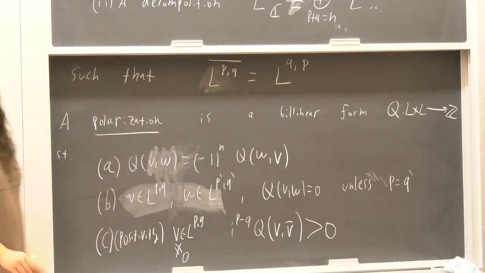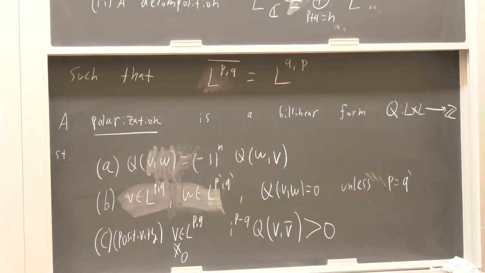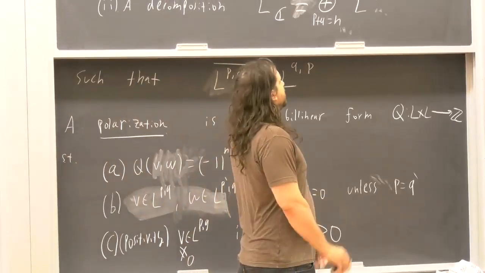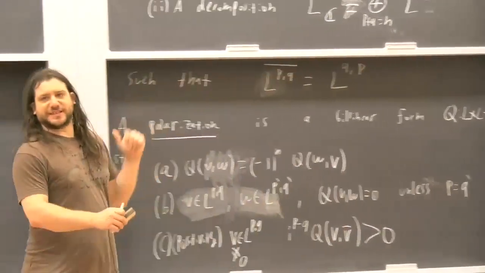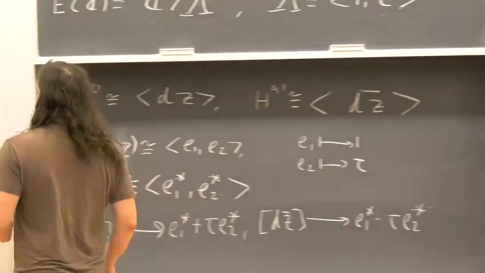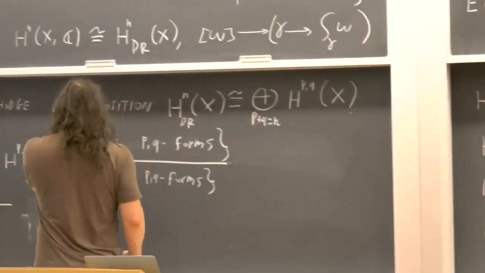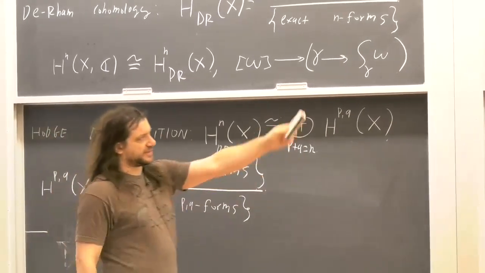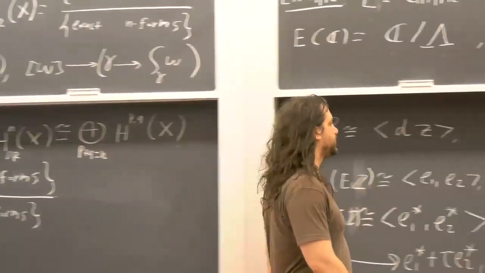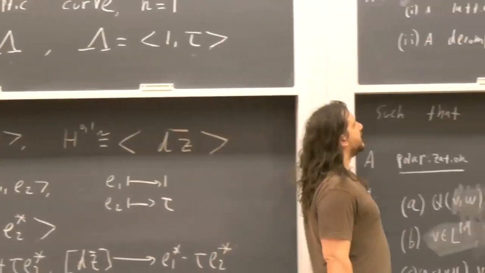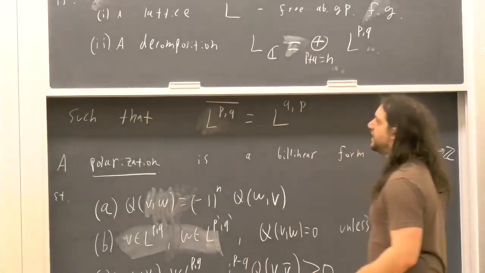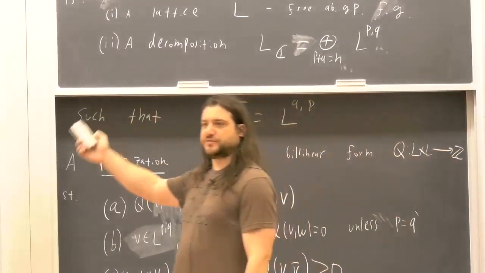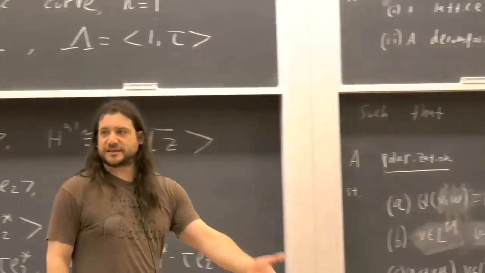So this data for us determines a polarized Hodge structure of weight n. And this is the fundamental object in the study of Hodge theory. One thing I want to point out, before I give the main example of where these things come from, is that Hodge structures are in effect built out of periods. They're given by taking forms and integrating along cycles.